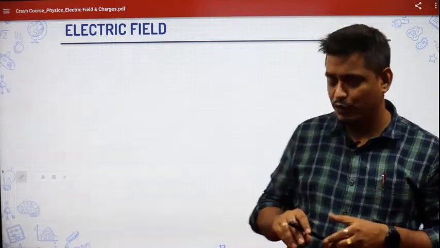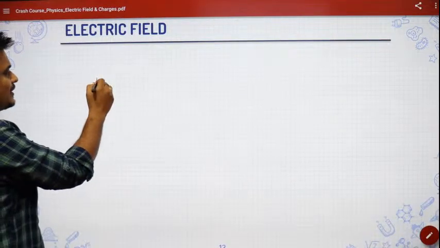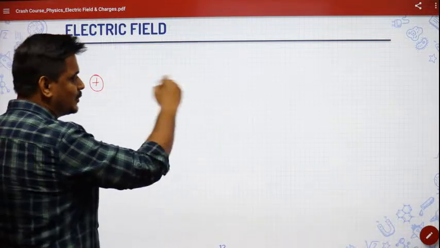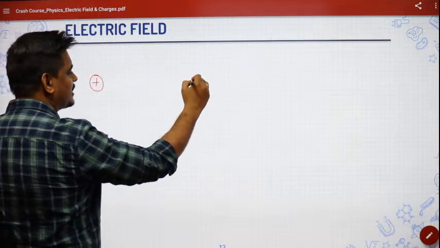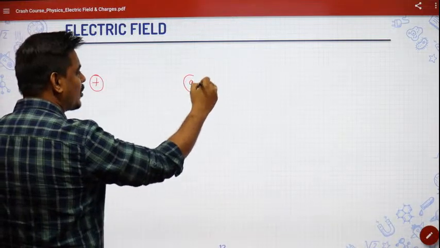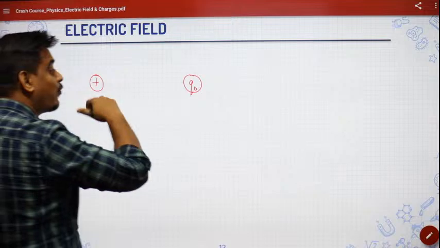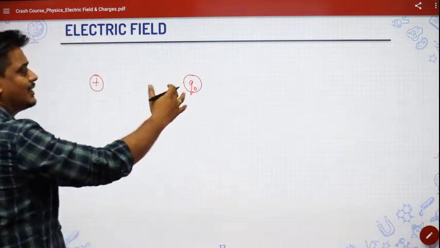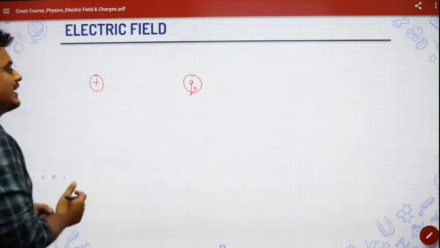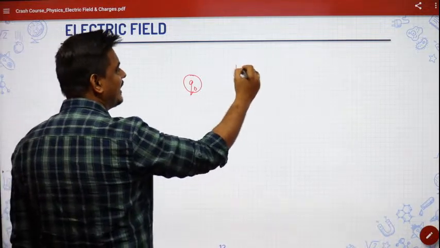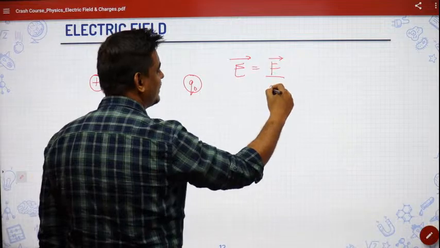Same way, if you have a charge and you want to find its electric field, you must bring another charge near to it, and that charge is called a test charge. Writing it as q naught, the force acting on it per unit test charge is known as the electric field. That is, mathematically, electric field is given by force per unit test charge.